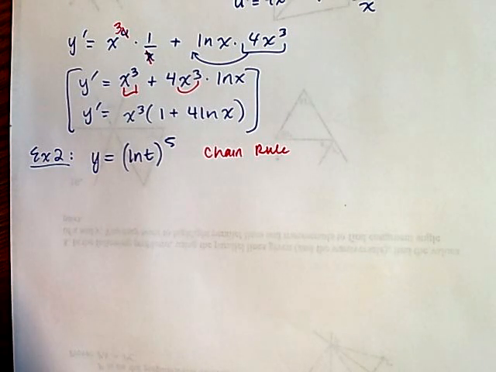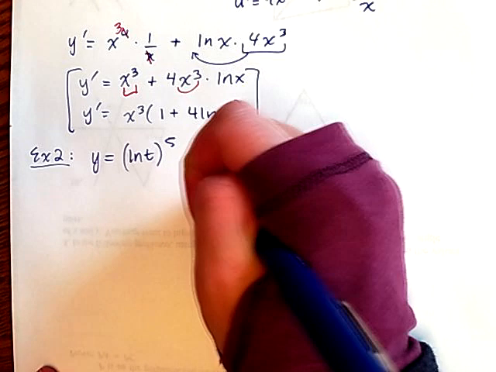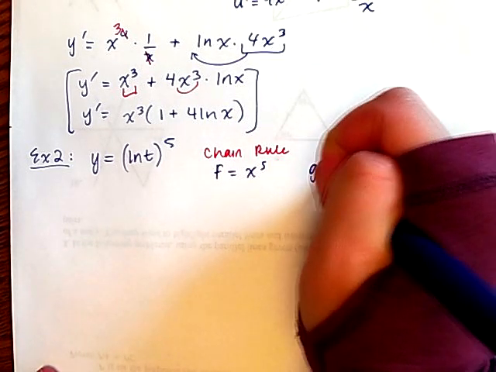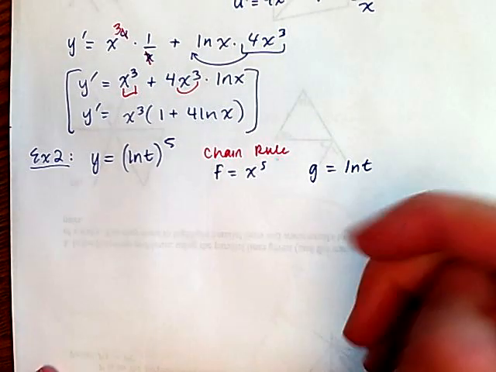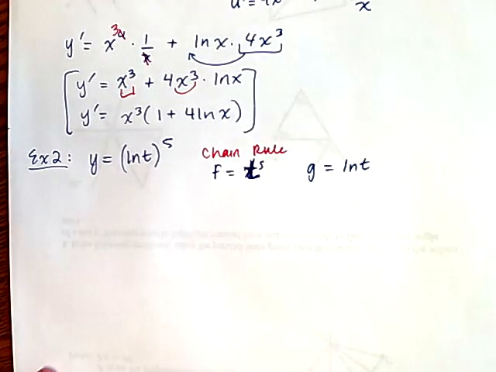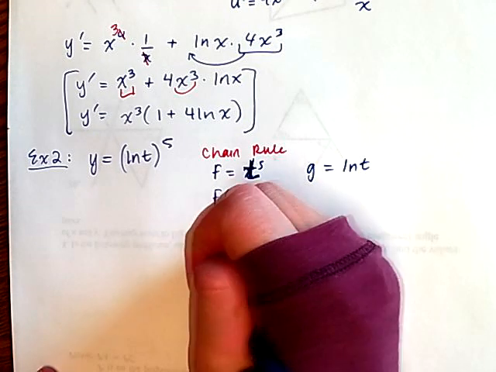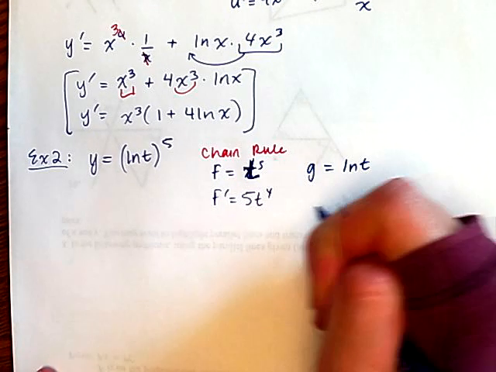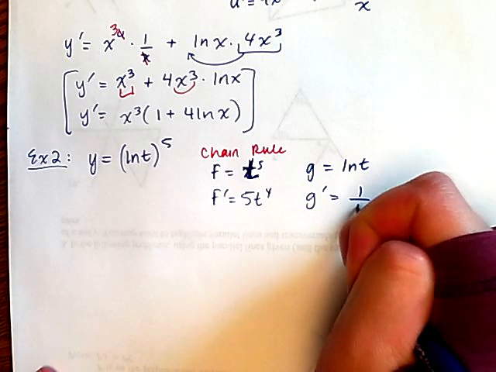That would be my f is x to the 5th, my g is ln t. Since my variable here is t, I'm going to call this t, just for consistency's sake. So f prime is 5t to the 4th, and g prime is 1 over t.